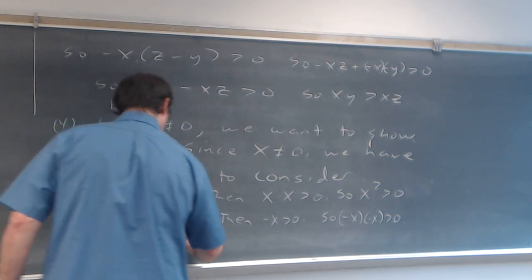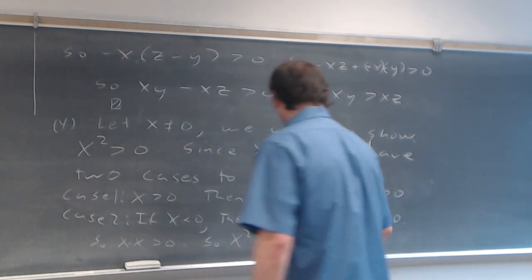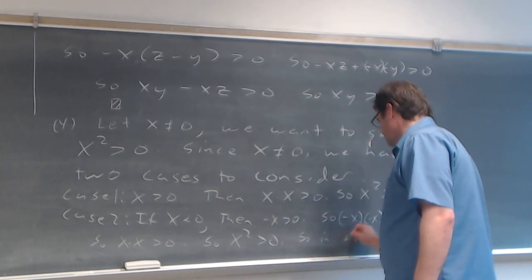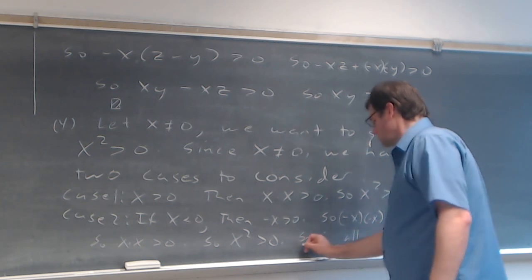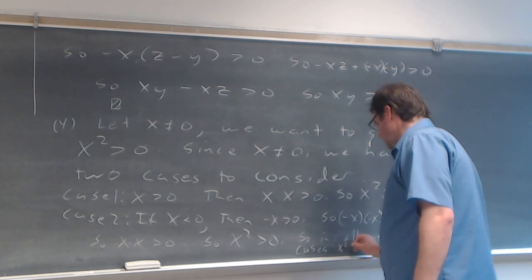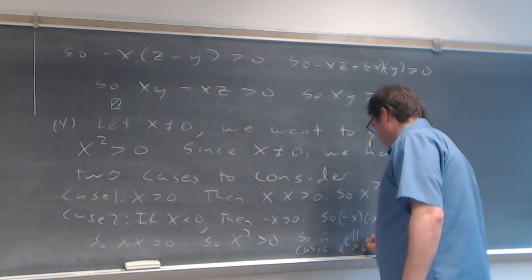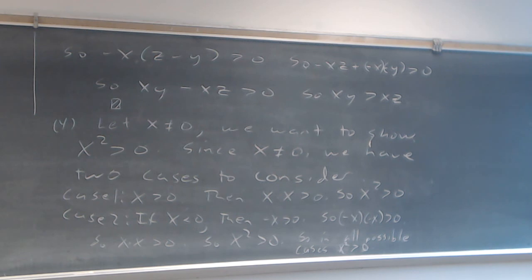And x times x is x squared. So in all possible cases, x squared is greater than 0 when you start off with x being different than 0.